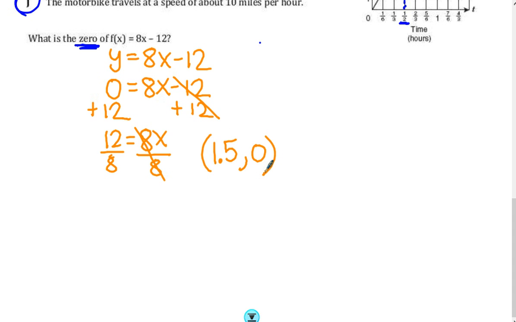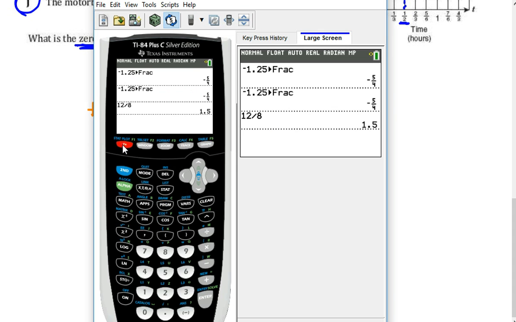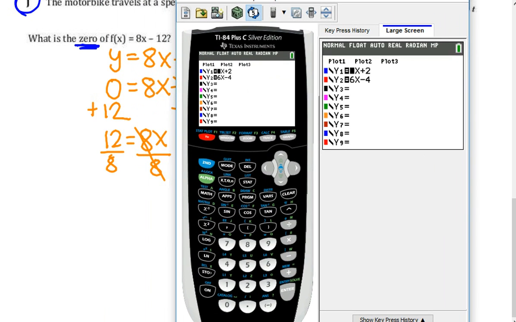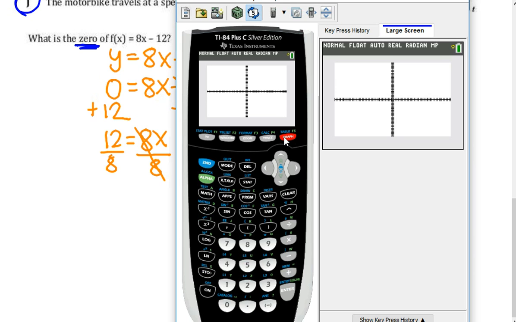All right, (1.5, 0). And I can totally double check this by plugging it into my calculator. If I go to y equals 8x minus 12 and go look at my graph, I can always double check. Sorry, I was having some computer trouble. Anywho, looking here, yeah, 1.5 seems like a reasonable number.